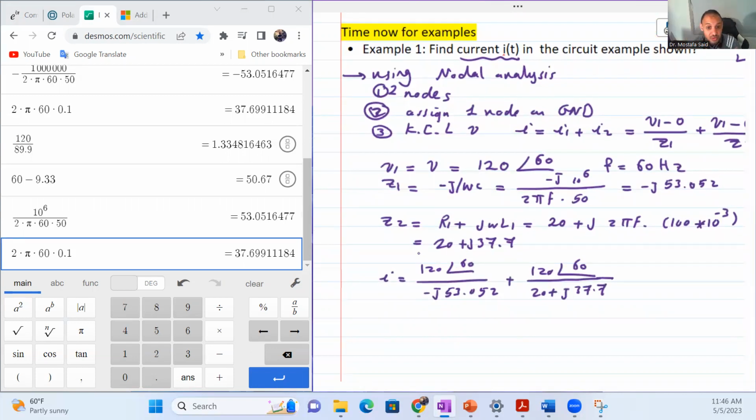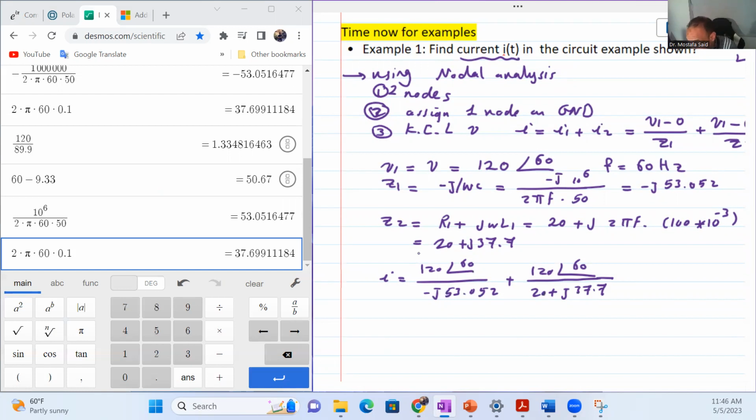Here we have the polar form and the rectangular form at the same time. So you either convert the rectangular to polar, so you have to convert Z1 and Z2, or you convert the polar to rectangular, which is just one step, right? So it's better to convert the polar to rectangular.